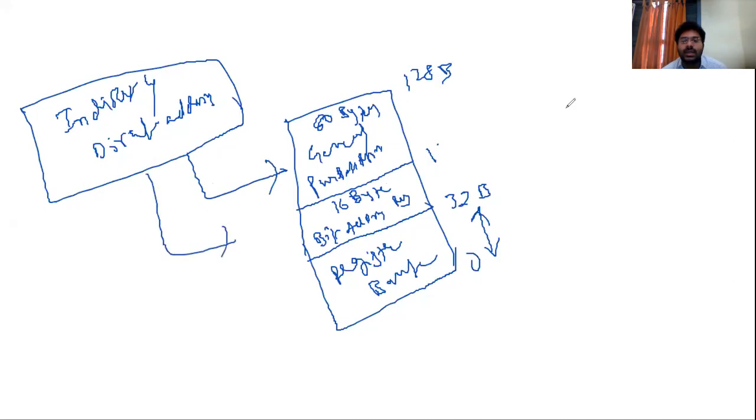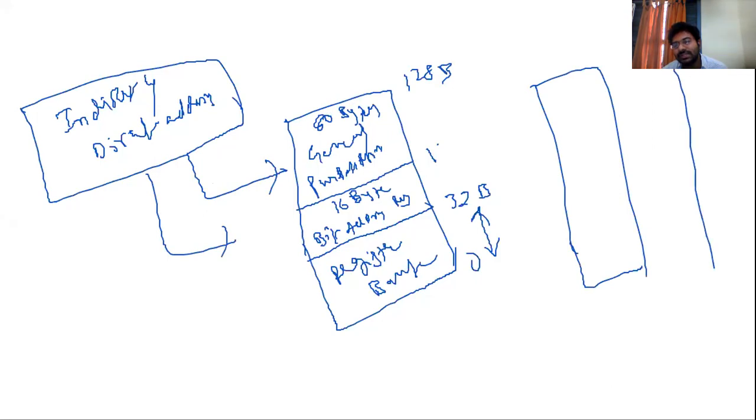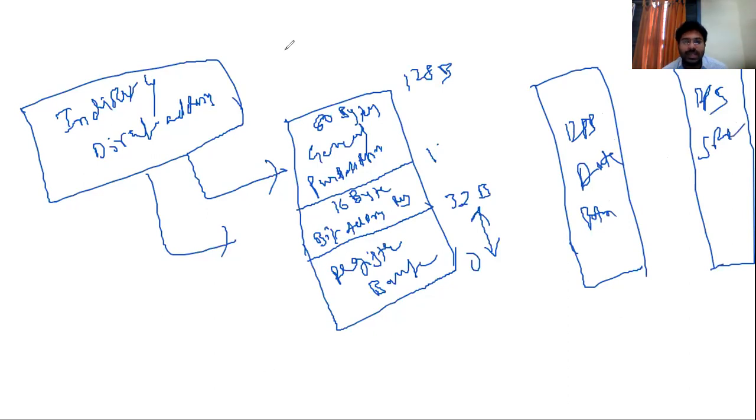Either you are using direct addressing or indirect addressing separately, and at that time you are using both the 128 bytes of data RAM and the 128 bytes of SFR, lower as well as higher.